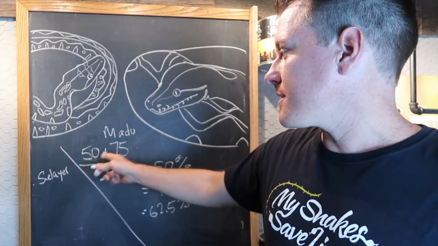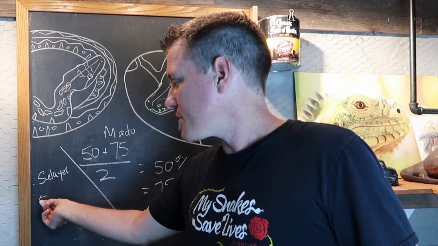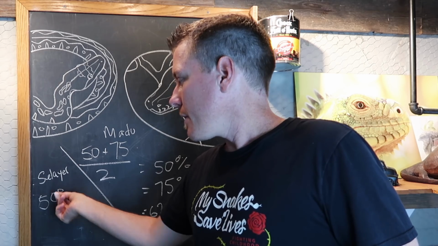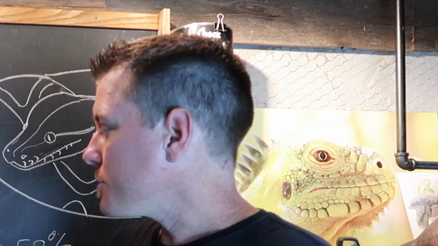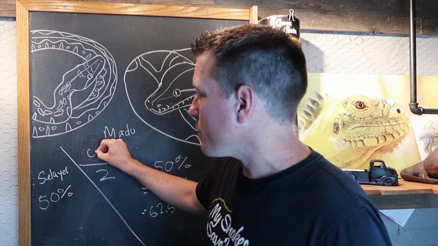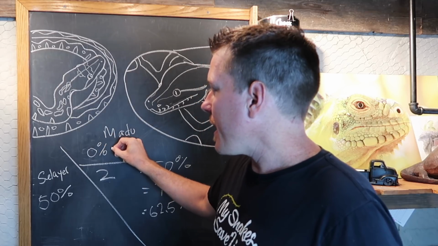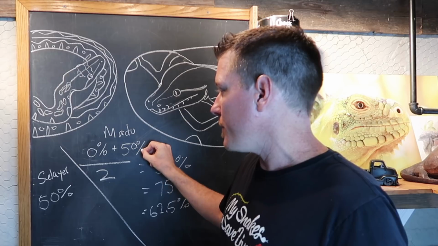Let's say we took a Slayer to a mainland, a pure one, so you get 50% Slayers, and we bred a 50% Slayer to a 50% Madu. So this animal that's 50% Slayer has no Madu in it, so it's a 0% animal. And then the other parent was, as we said, a 50% Madu, so that's a 50%er.